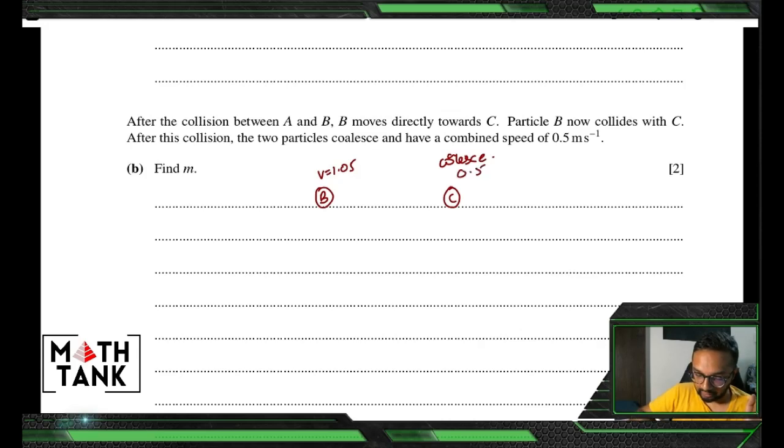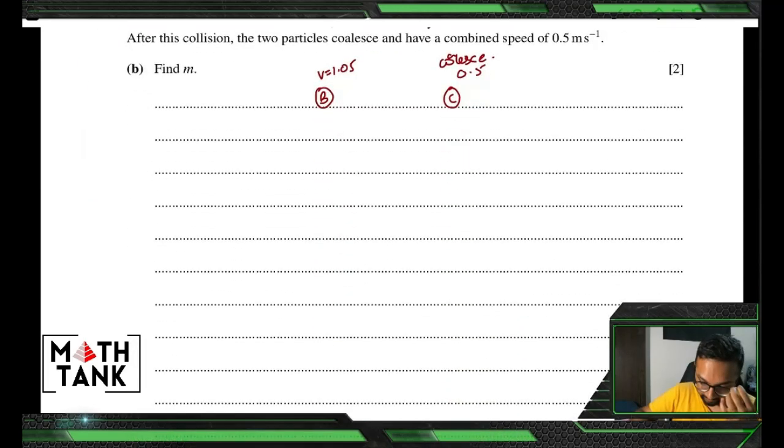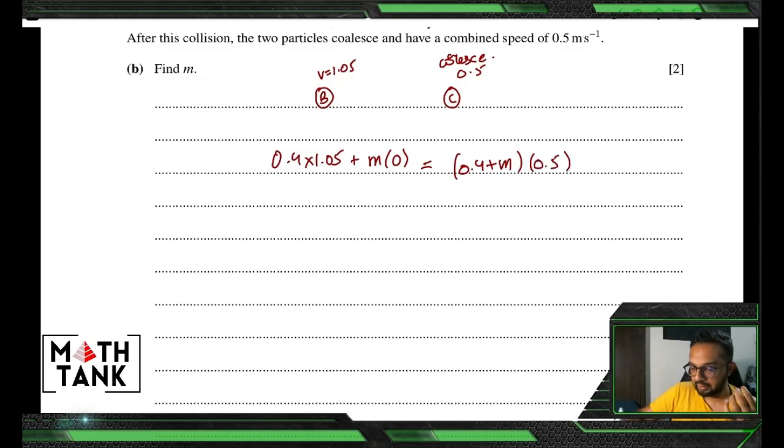So again, I'm going to use conservation of momentum. I'm going to say that the mass of B was 0.4. So 0.4 into 1.05 plus m into 0 equals to 0.4 plus m into 0.5. That's conservation of momentum again. Gives me 0.42 and 0.4 plus m divided by 0.5.